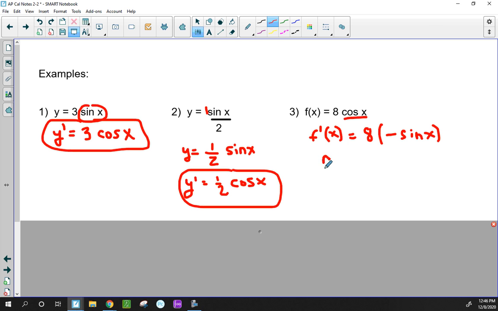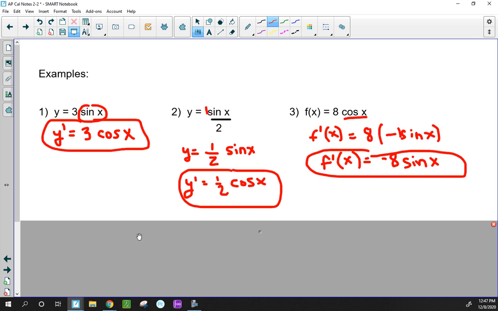And then you never want to leave a negative in the middle of your answer. It just looks weird. Think of it as a -1, so 8 times -1 is -8, and then sine x. And that is a good answer for that one.